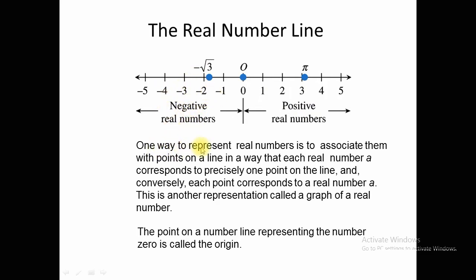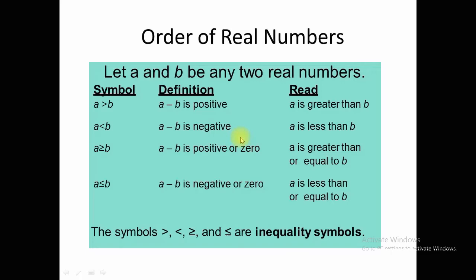This is one way to represent real numbers: to associate them with points on a line in a way that each real number a corresponds to precisely one point on the line, and conversely each point corresponds to a real number a. This is called the graph of the real number line. The point on the real number line representing the number 0 is called the origin.